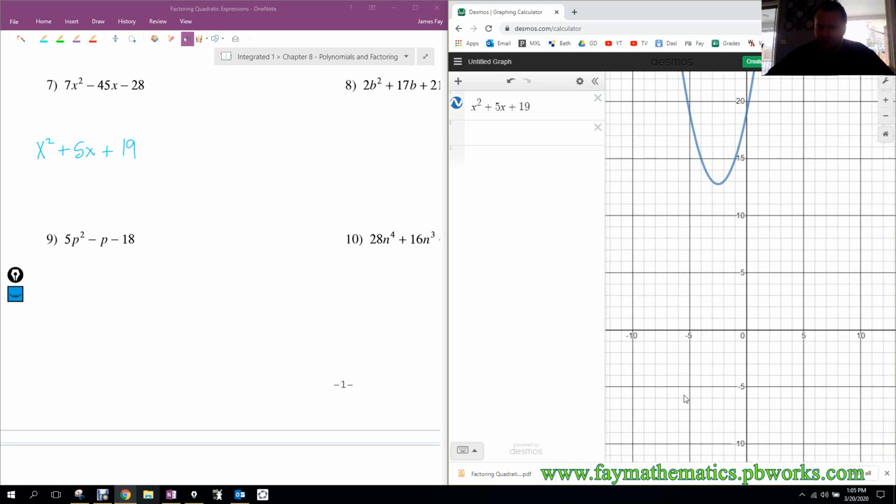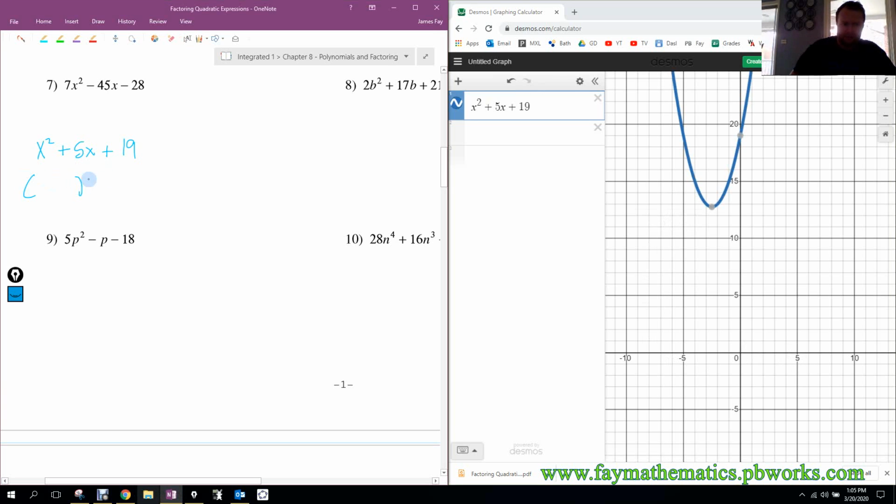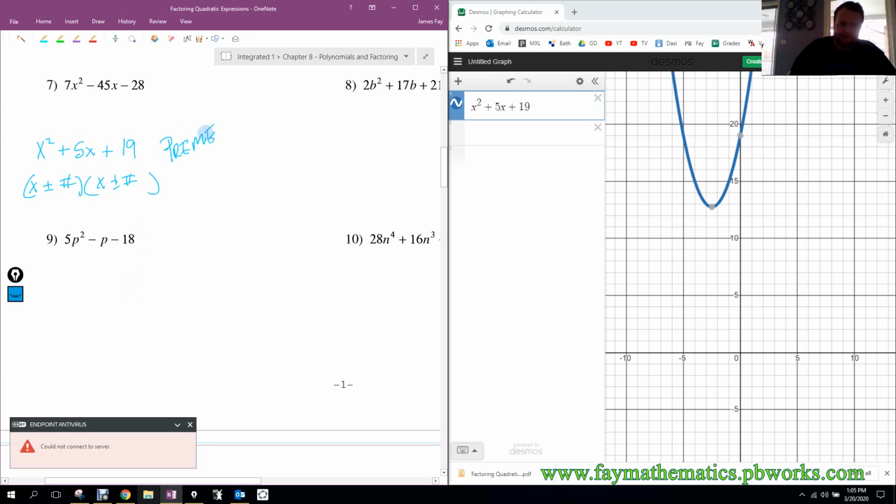You move the graph a little, and you see all the way up here. Well, remember the x-axis is where my cursor is. This thing does not cross the x-axis, so it would not factor down to x plus or minus some number and some number there. So we would consider this one prime. And that should match up with what we did in the last example in the last video.